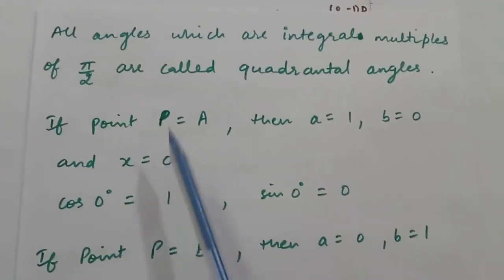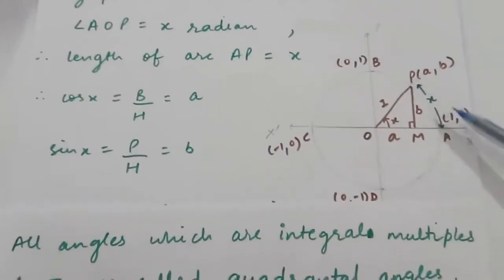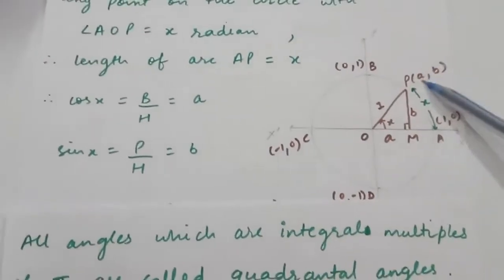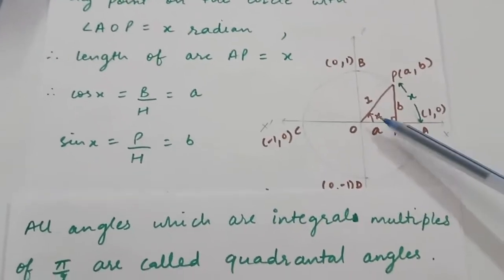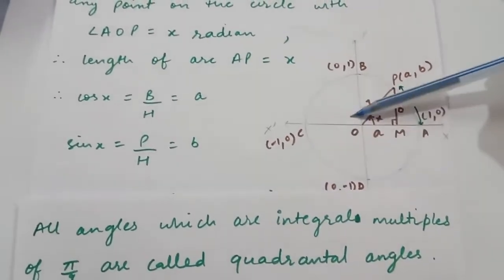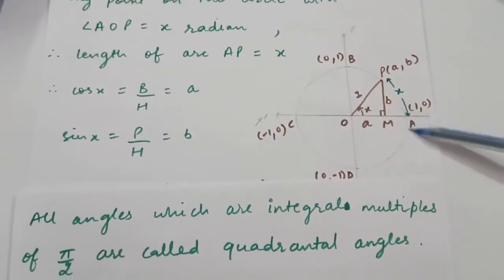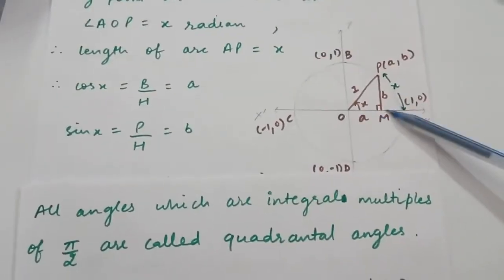Now suppose point P is equal to A. So you can see from this diagram, if point P is A, then a will be 1, b will become 0, and for the angle x, P will come here at A. So there will be no rotation and x will become 0 degree.